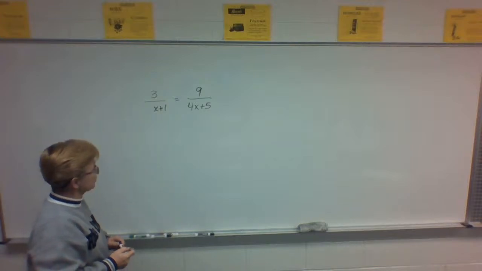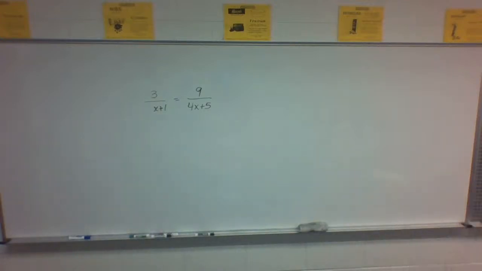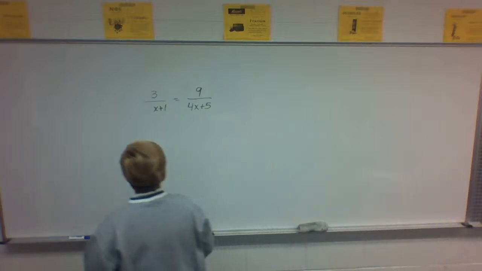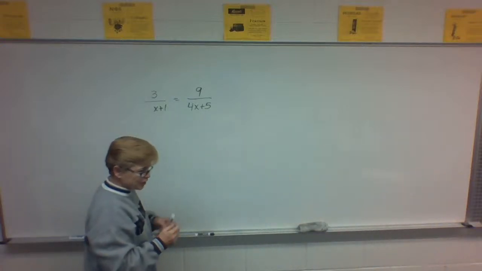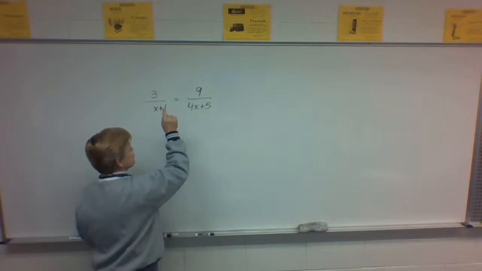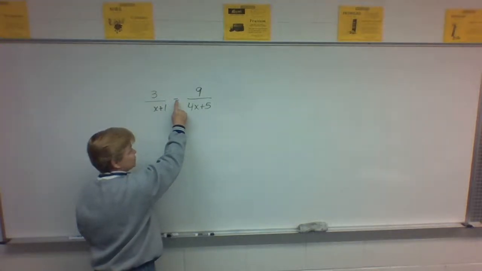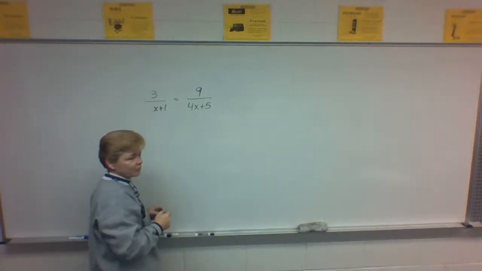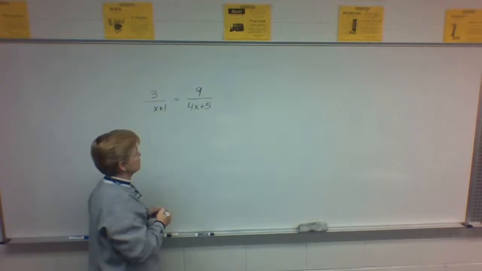Did I get that right? 3 over x plus 1, 9 over 4x plus 5. And the big, huge, gigantic difference, which is hard to notice, is that this is not a plus or a minus, or even a times or a divide. This is an equal sign now, handled differently.